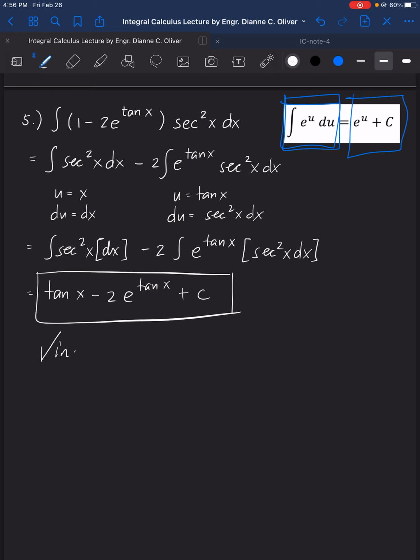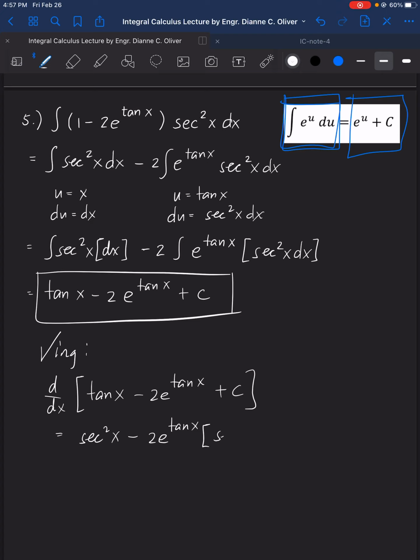Checking by differentiation, the derivative of tangent x minus 2e raised to the power of tangent x plus c. So that is equal to derivative of tangent x, which is secant squared x, minus 2e raised to tangent x, multiplied with the derivative of the exponent.